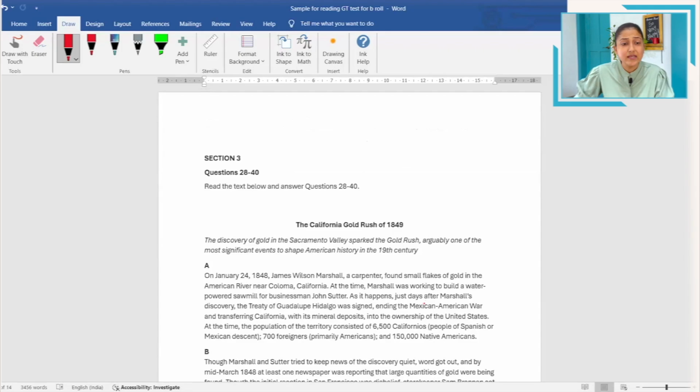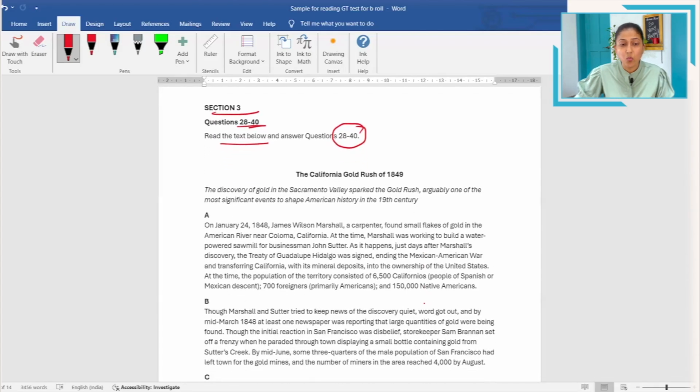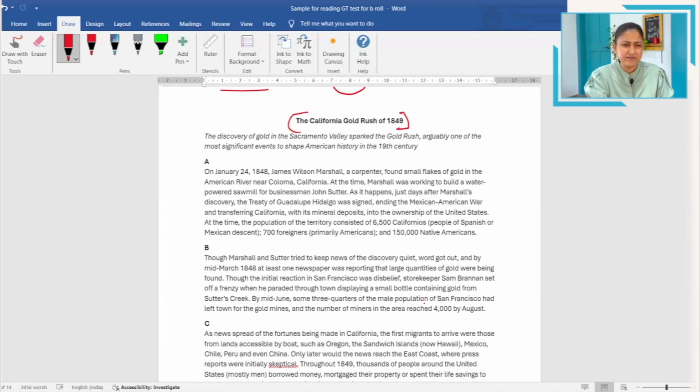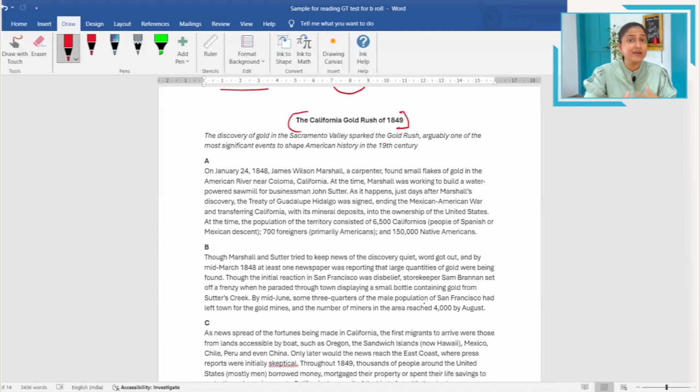Okay, so now I see section 3, it says questions are from 28 to 40. And now it says read the text below and answer questions 28 to 40. Alright, now this again has one heading. I also see that the paragraphs are labeled by a letter.